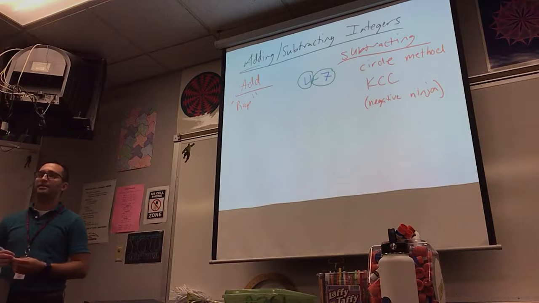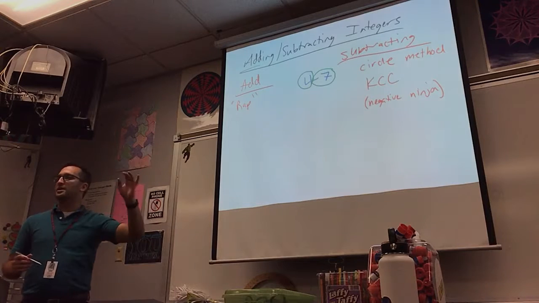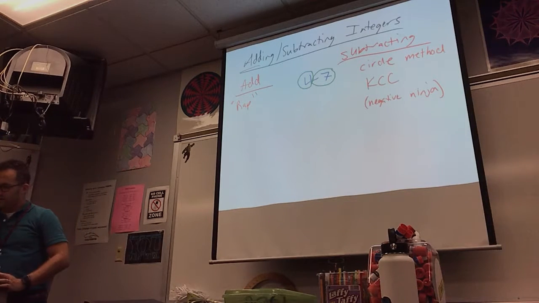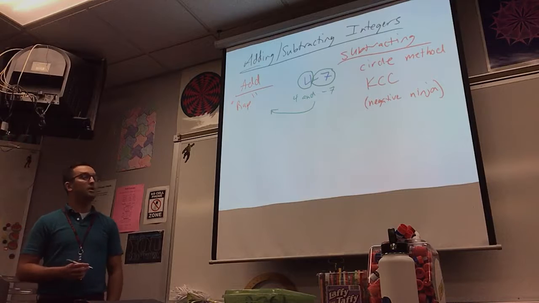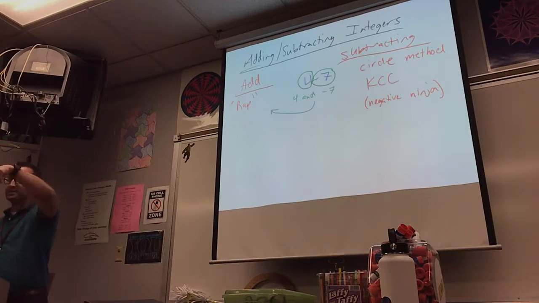So when we do the circle method, that minus sign becomes a negative sign. This used to say 4 minus 7. What does it say now? 4 and negative 7, which now we do the wrap. The wrap says same sign, add; different sign, subtract.